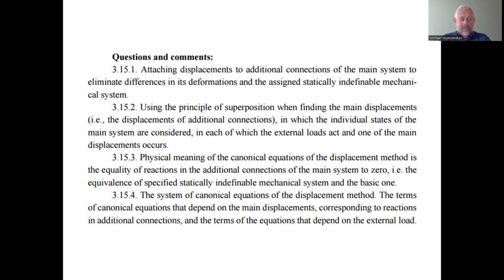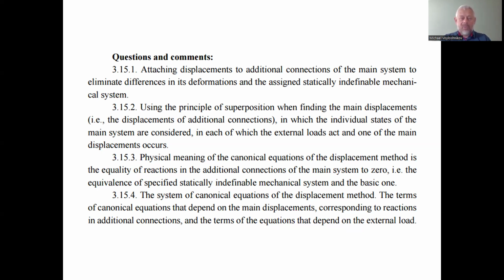And these forces in these directions are the common impact of all forces acting in the assigned mechanical system. So this is the external forces, and this is the forces not of the assigned mechanical system, but of the main mechanical system.